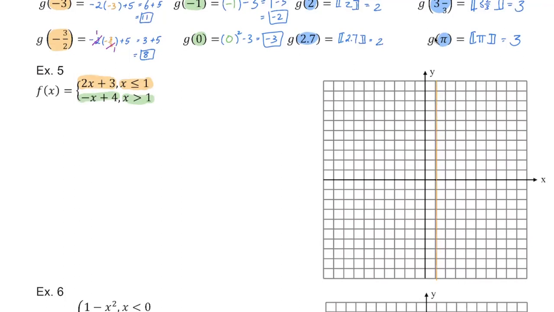The region on the left is going to follow 2x plus 3. And the region to the right-hand side, where x is greater than 1, we will graph negative x plus 4.